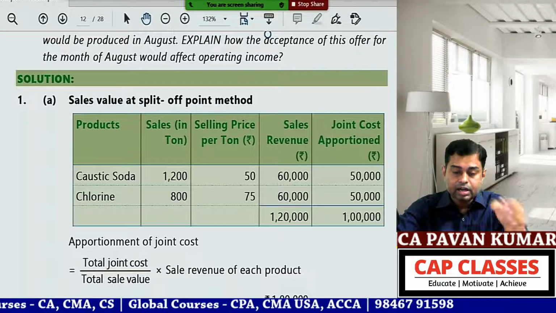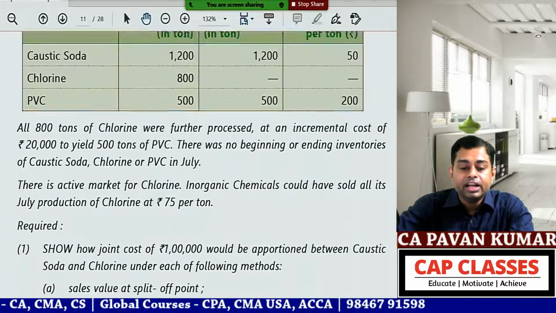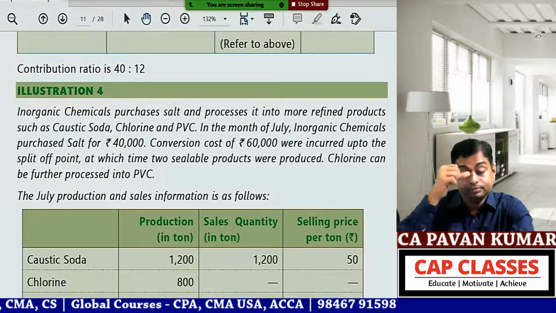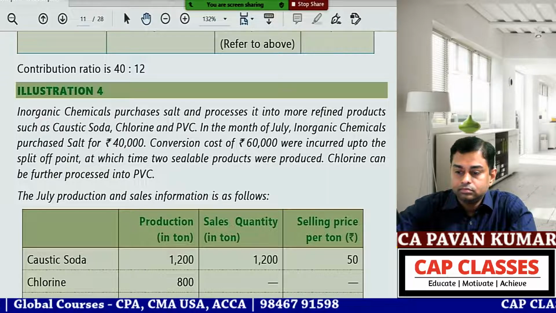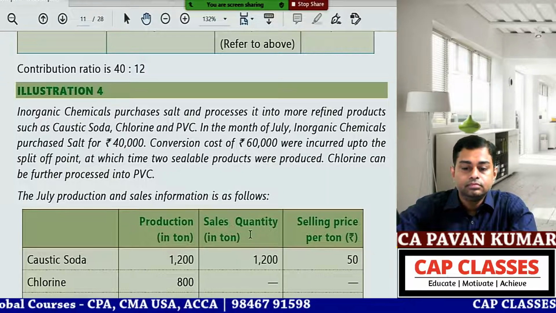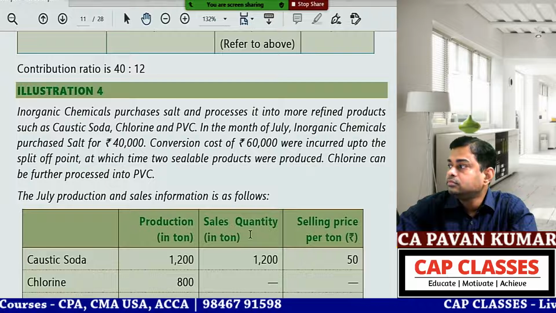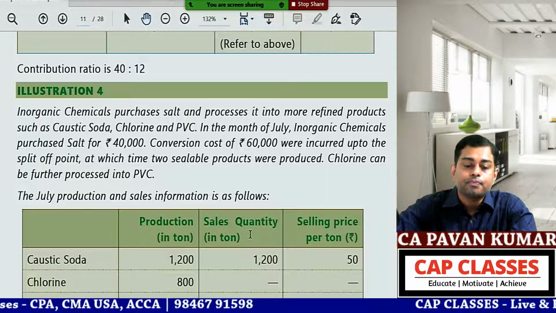Its operating income will decrease by 20,000. Okay.